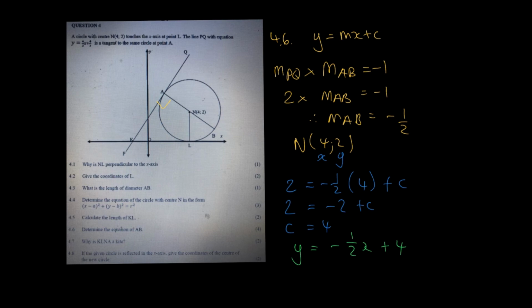All right, now on to the next thing. What I'm going to do is delete those answers, and that will allow me to write in the space. You could always go back and pause that. Question 4.7 now. They want us to explain why KLNA is a kite.